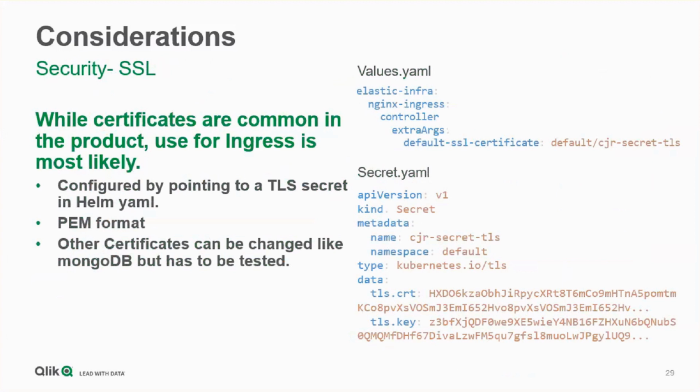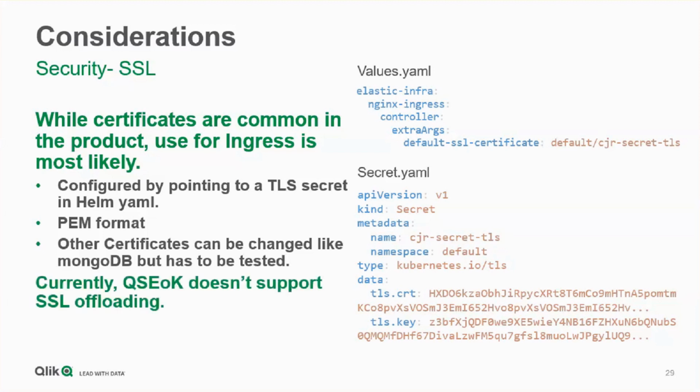And don't worry, that's not my full certificate key. These need to be in a PEM format. This is really easy to set up, and actually Christoph's video will show you how to do that as part of his setup. QSEoK doesn't support SSL offloading. So the SSL that you set in the ingress pod is largely going to be the SSL that your users see.